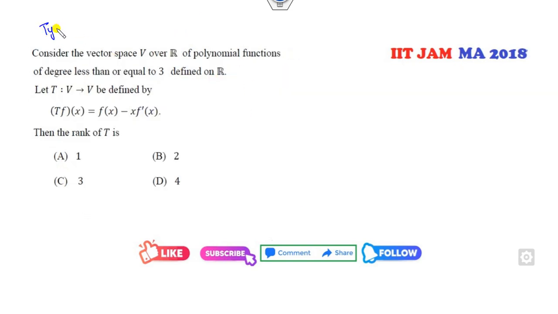Now this is my type 2. Fine. And this is one of the most important types. Always remember, whenever you have a polynomial of degree less than or equal to n, then the dimension of this Pn is n plus 1 always.